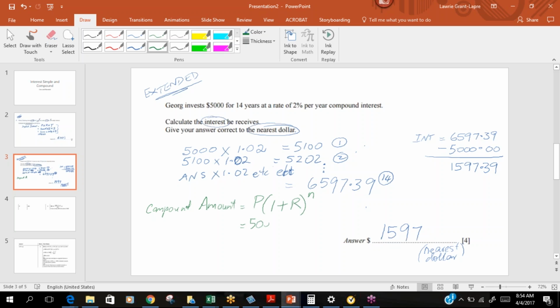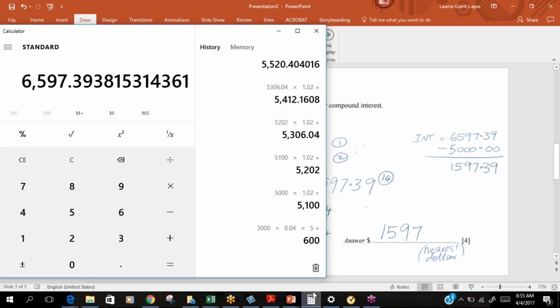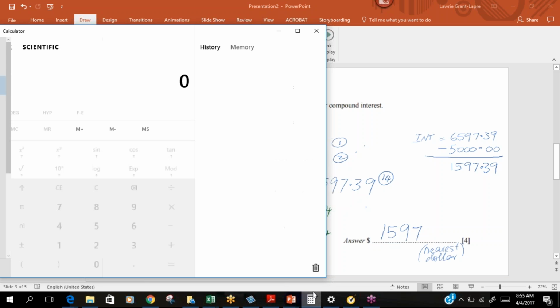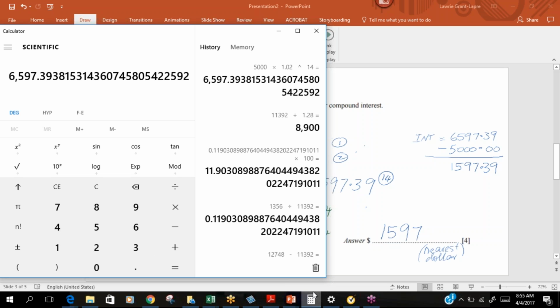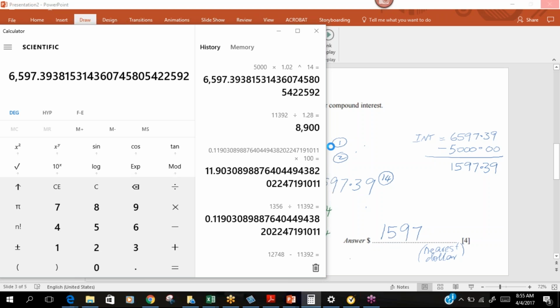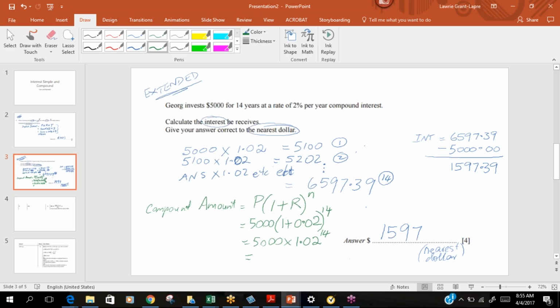So it was 5,000 times 1.02 to the power of 14, which on the scientific calculator gives us 6597.39.